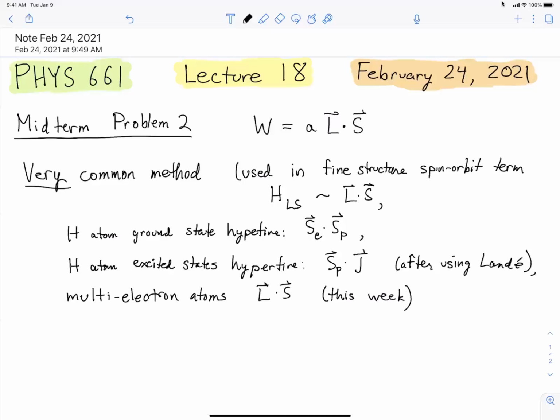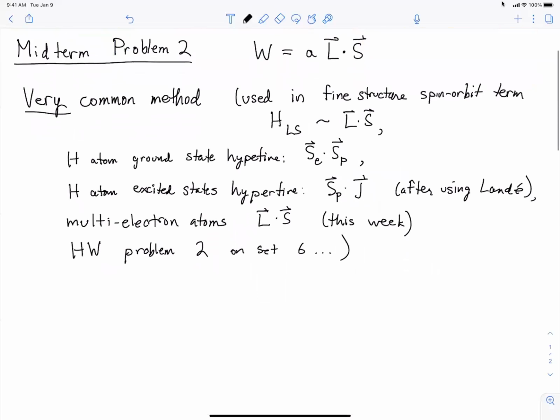And as if that weren't motivation enough, you will also see it on another homework problem this week, which I haven't put out yet. This will be homework problem 2 on set 6. And you will see it many other places. It's the generic thing to try if you see the dot product of two angular momenta.